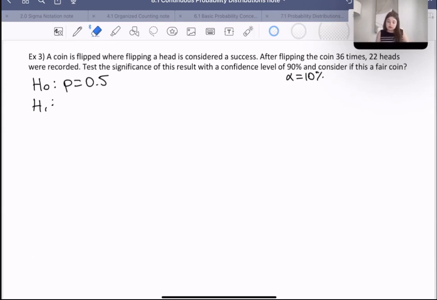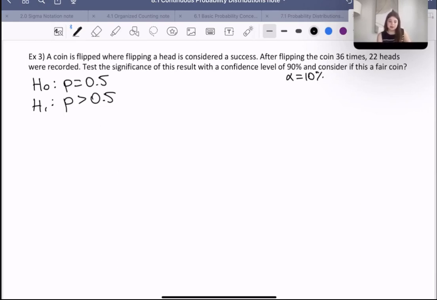So we're going to try and test whether or not this is a fair coin. Is it likely that the probability is actually greater than a half, given that we happen to flip 22 heads? Or is this a common enough occurrence that's going to happen sometimes, where it could still be a fair coin?